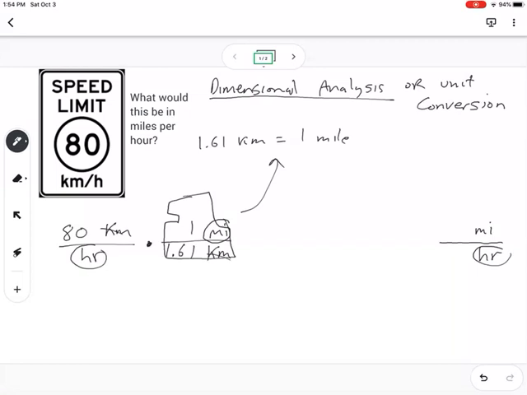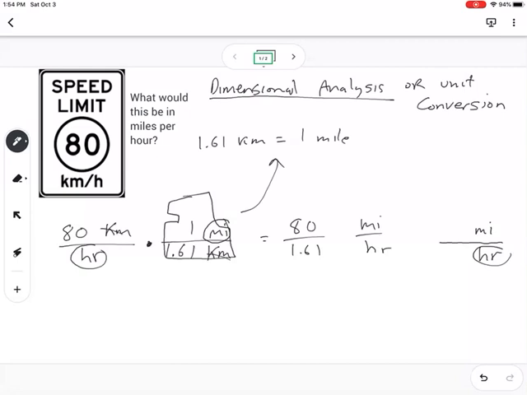where once we do the math, we're going to have the answer we need. So across the top, all we have is just 80 times 1. And on the bottom, we have 1.61 times 1. And this is going to be miles per hour.